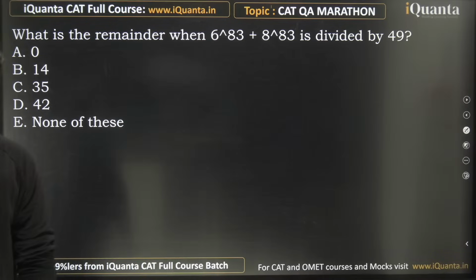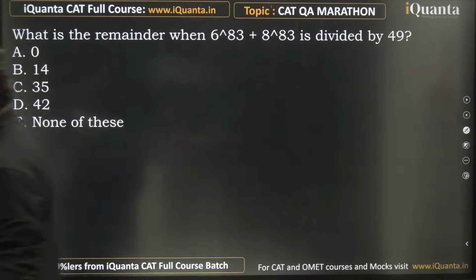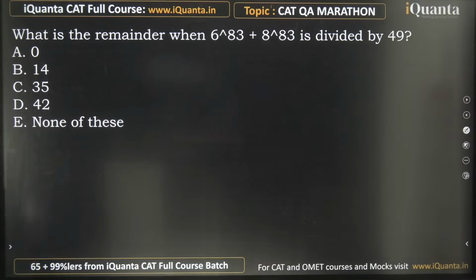People are getting 0 as the answer, and how did you get 0? Can anyone tell me? जीरो कैसे कर दिया? +1 -1 करके 0 कर दिया.